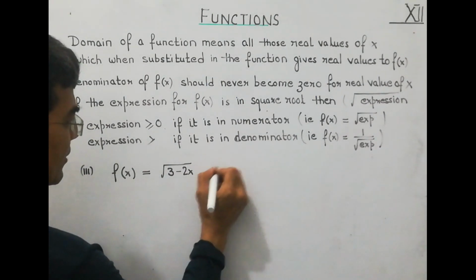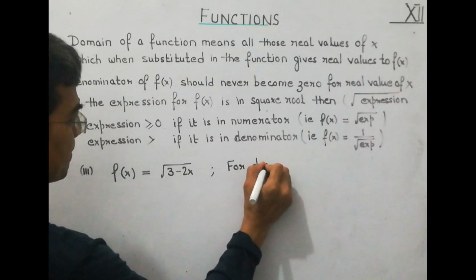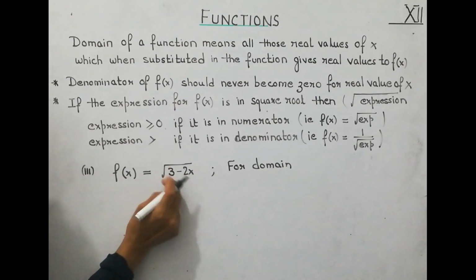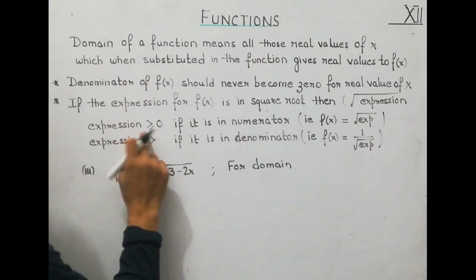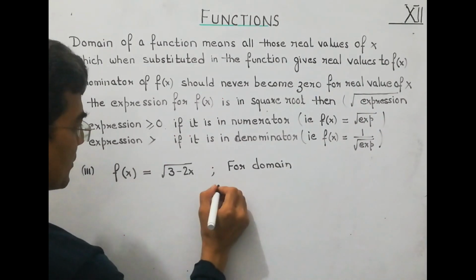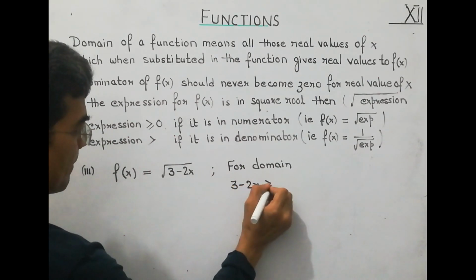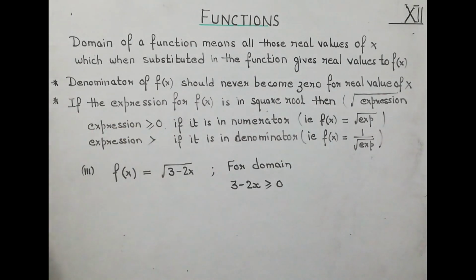So you will be writing for the domain, the expression, meaning the one which is written within the root sign. This expression within the root sign is to be greater than or equal to 0. So we are going to write it like this.